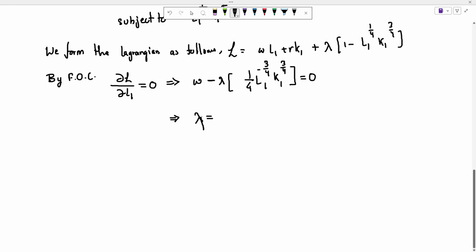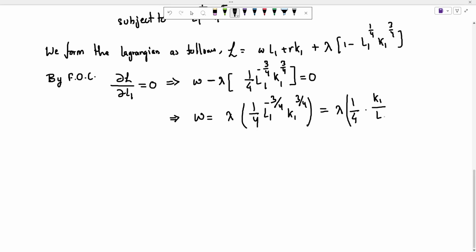So we have wage equals lambda times 1/4 L1 to the power minus 3/4, K1 to the power 3/4, and that is essentially equal to K1 by L1 whole to the power 3/4.